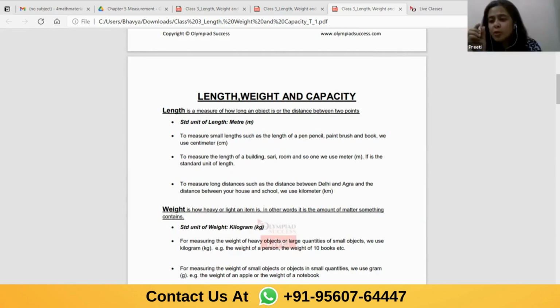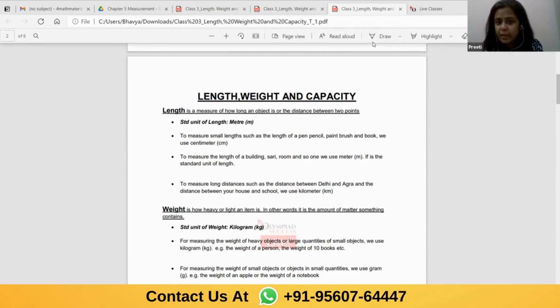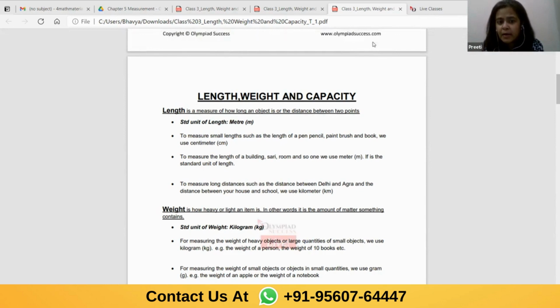Till now we will not use the word distance. We will use the word length. Yes, you are right. For small length we use centimeter, medium length we use meter, and big length we use kilometer.